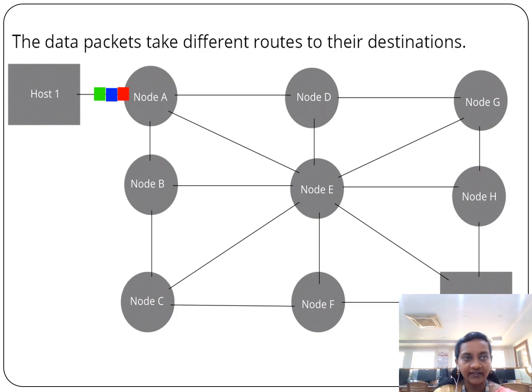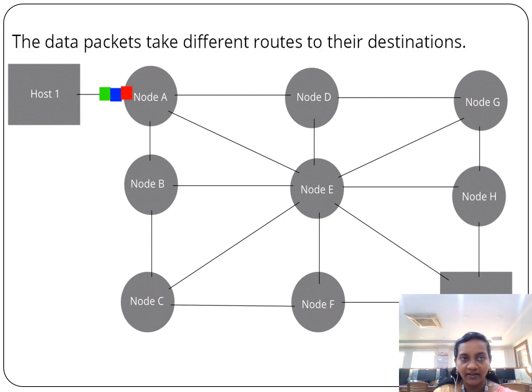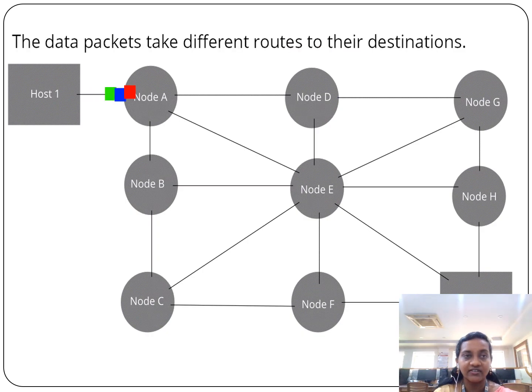Now see how the packets traverse different routes and finally reach the destination. This is how the packets travel from source to destination. The three different packets choose their own route and finally reach the destination, where the packets are rearranged to form the single larger message. So this is the overall concept of packet switching.